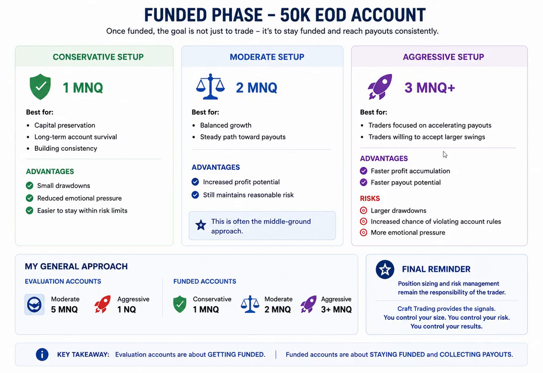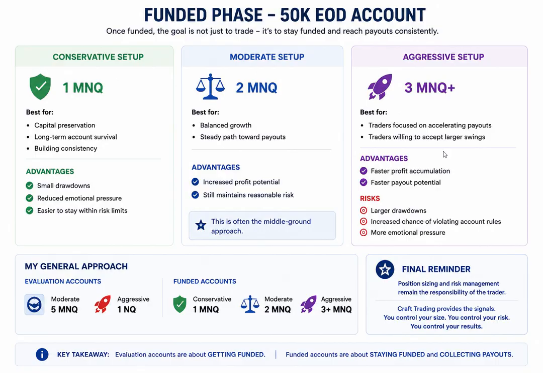Now we've spent money on this account to get to this level, and we try to keep this account going for as long as possible and collect profit as long as possible. To do that, cutting down the number of contracts is very important.